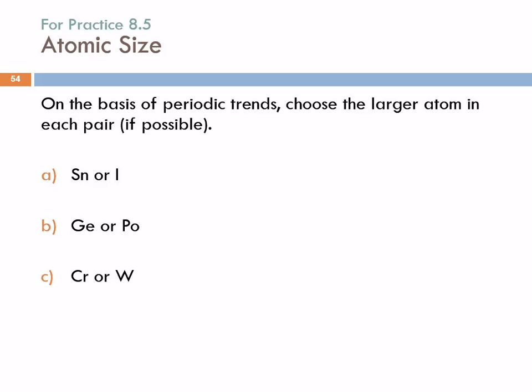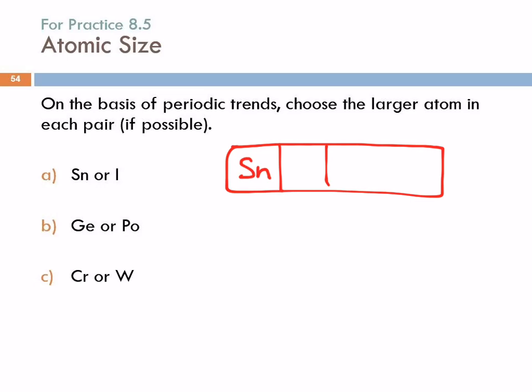Okay, so based on periodic trends, choose the larger atom. Tin or iodine? Well, we have to look at the periodic table. So tin is over here, and then we've got, I really should have a periodic table in here. We've got 2 elements, and then we've got iodine.